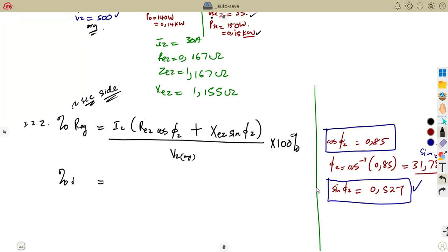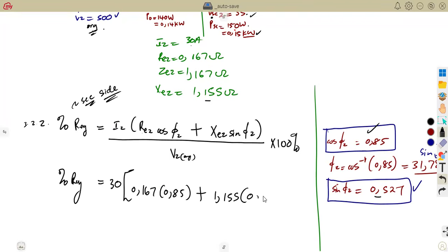So percentage regulation, let's calculate this one. I2 is 30, so that's 30 times the equivalent resistance, which was 0.167, times the power factor cos phi, 0.85. Then we add, since it was lagging. Then the equivalent reactance, we calculated this, it was 1.155, times the sine of phi, which we calculated as 0.527.